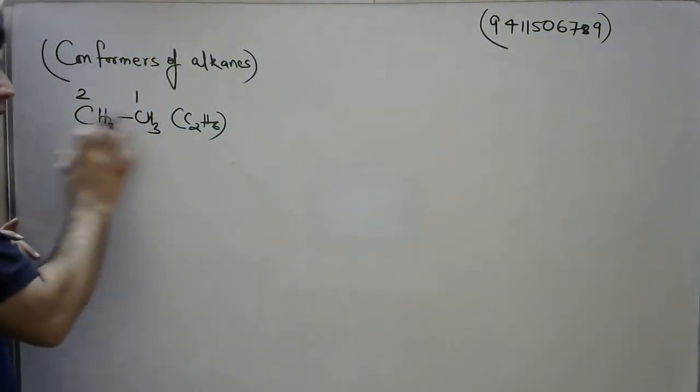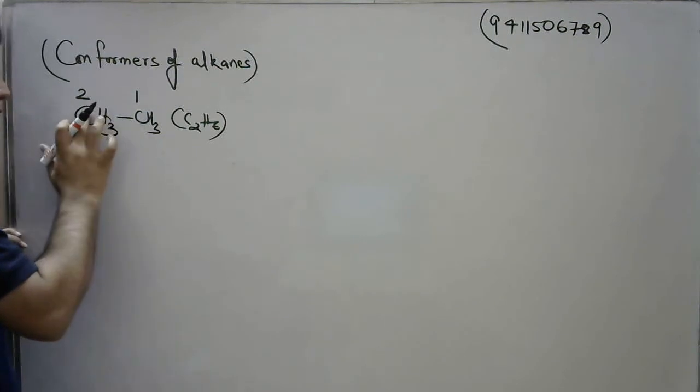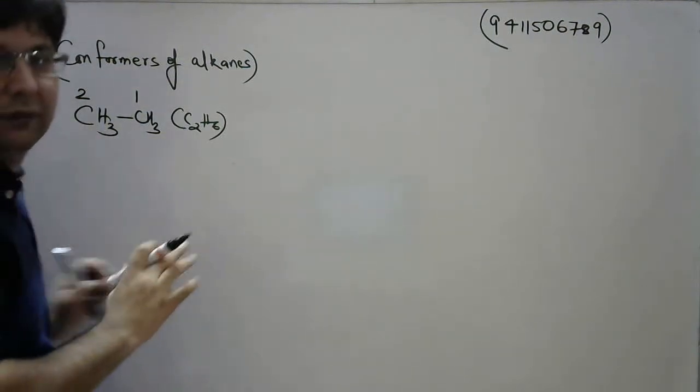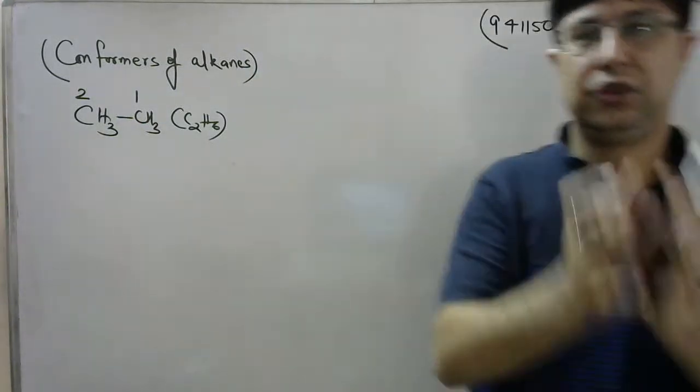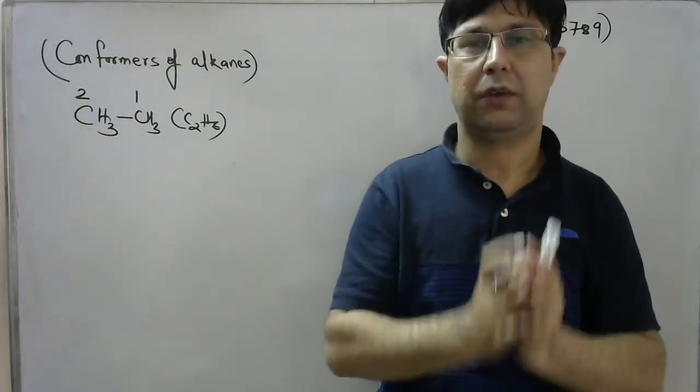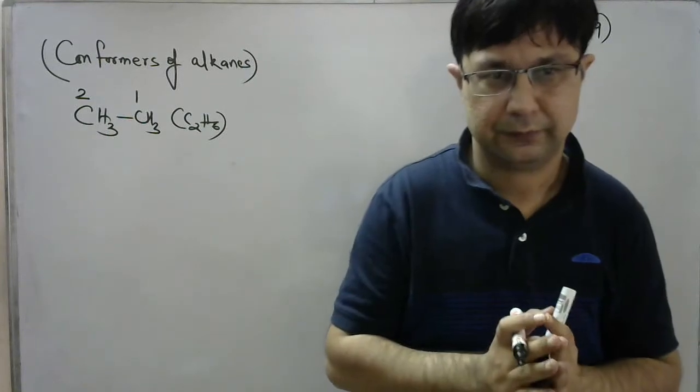We analyze the molecule along this C1-C2 bond length. When we analyze the molecule along the C1-C2 bond length, there is a need to define the front carbon atom and the rear carbon atom.